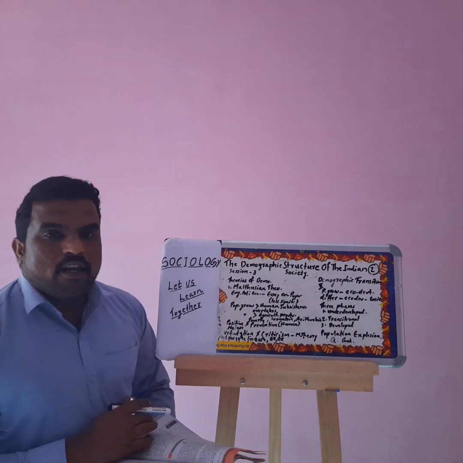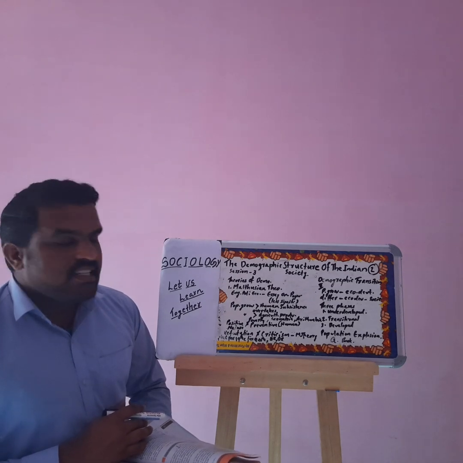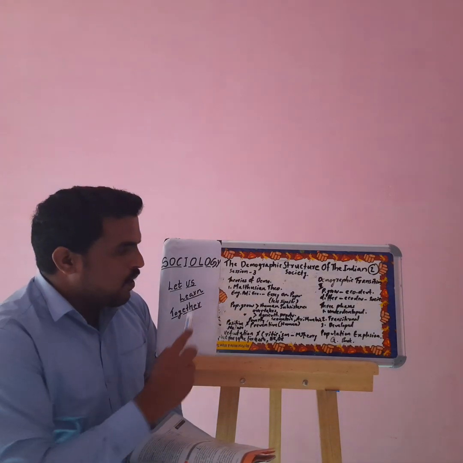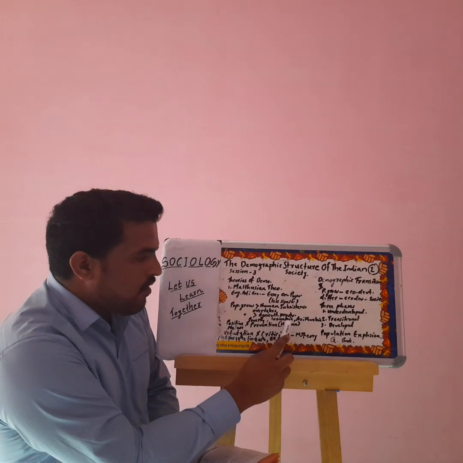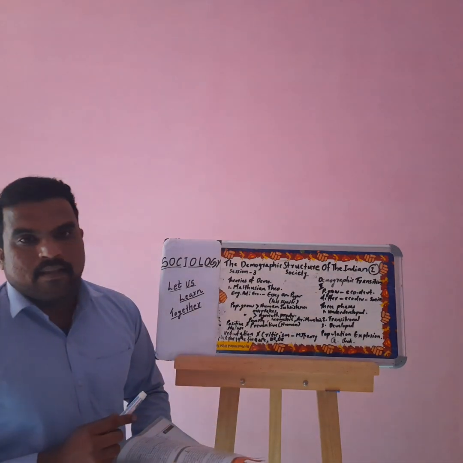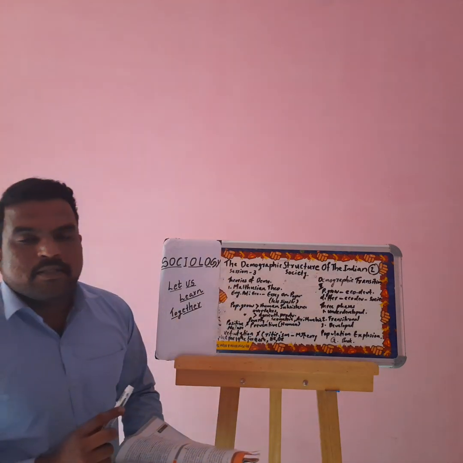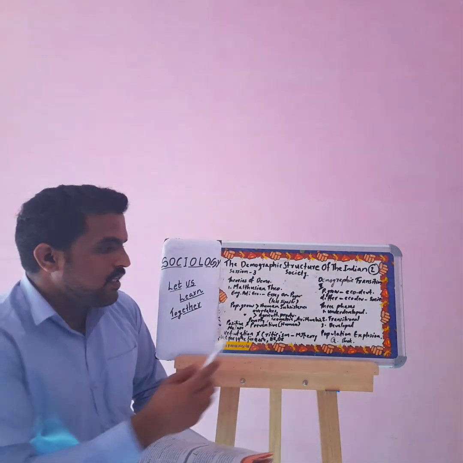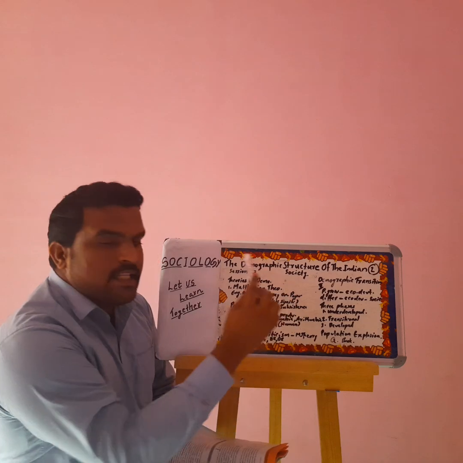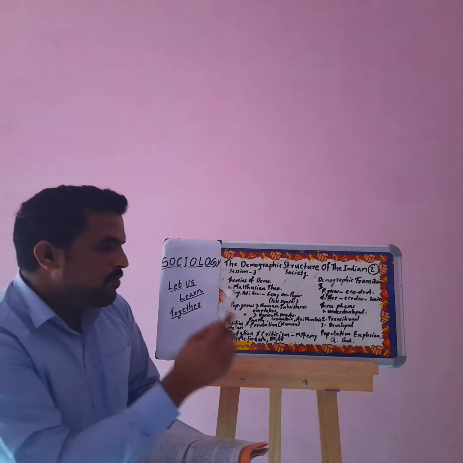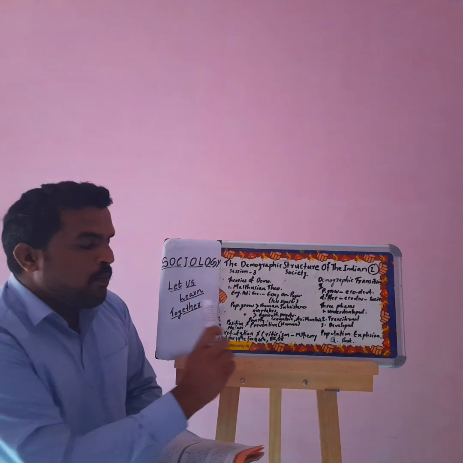And he clearly tells us that population growth is in the manner of geometric progression, and human subsistence or agricultural production is in the manner of arithmetic progression. What do you mean by geometric progression?